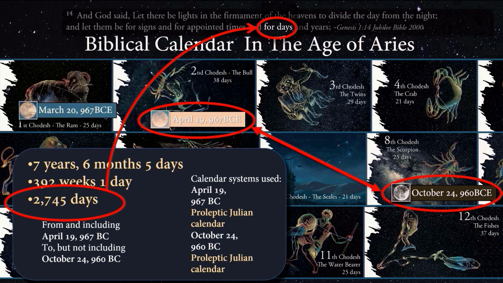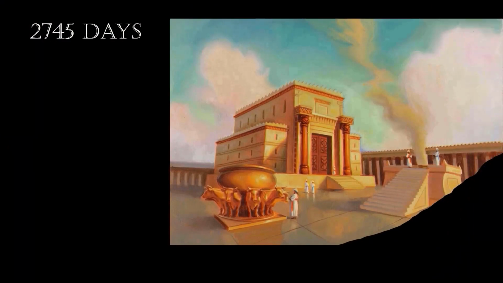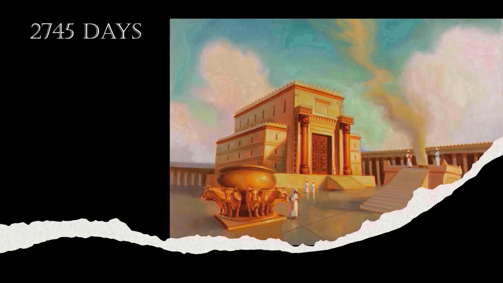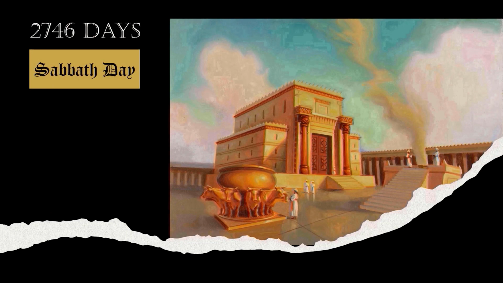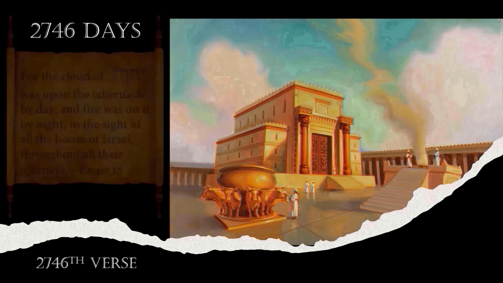It has been excluded. If my reckoning of days of the week is correct, this last day, if included, would be on the Sabbath day and be counted as the 2,746th day from the beginning. And then in my musing, I wanted to find in scripture the 2,746th verse.